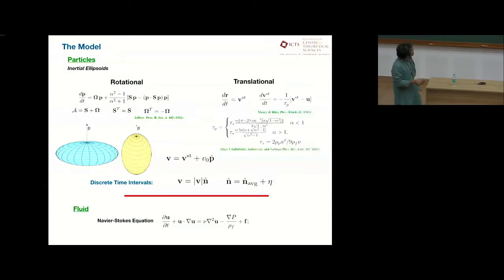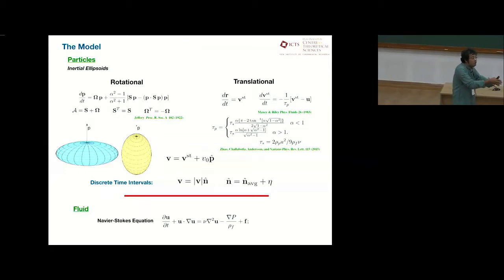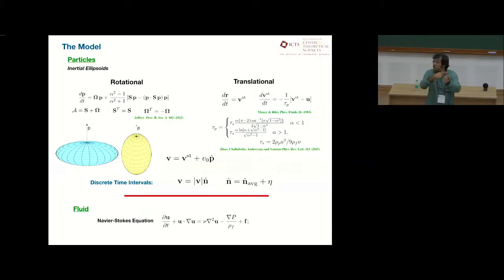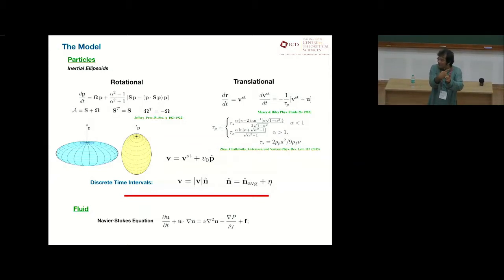And there's going to be a translational motion, which in its simplest form is written in the following way. Here, keep in mind, Sujit, this is an answer to your question: for the spherical case, this tau_p is a constant, whereas for the non-spherical case, because its orientation changes with the flow direction as it moves, this response time is a function of time.